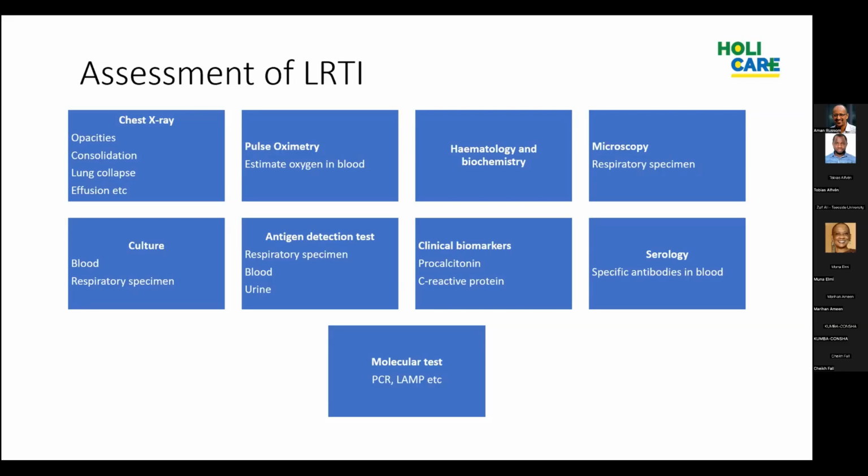And then serological tests, which target specific antibodies in blood, but again, they are not really specific to lower respiratory tract infections. And then molecular tests, as were intimated by Cheikh, including PCR and LAMP and so on.